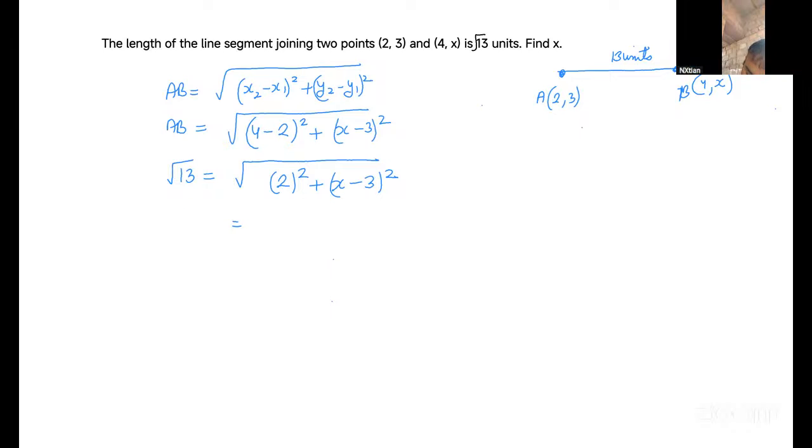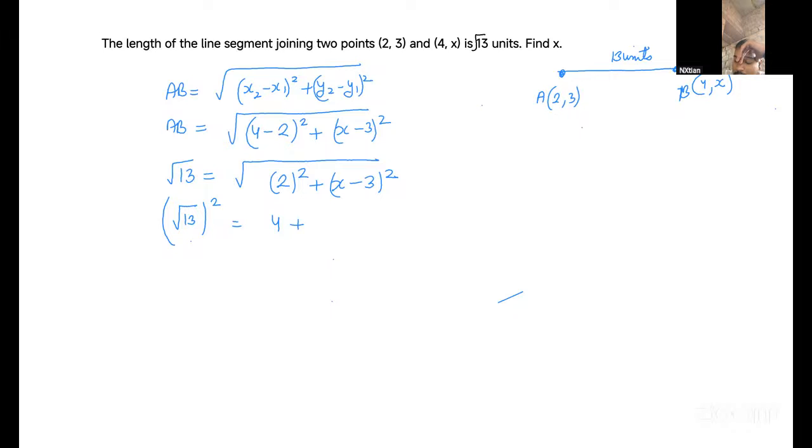Okay, so root 13 is equal to, now the square of this: 2 square is 4 plus, it is in the form of (a minus b). Miracle, are you there? Turn on the camera, please. So what is the identity of (a minus b) square? a square plus b square minus 2ab.